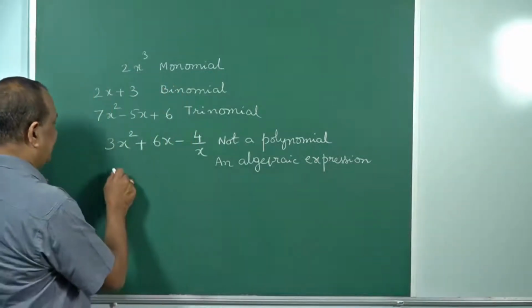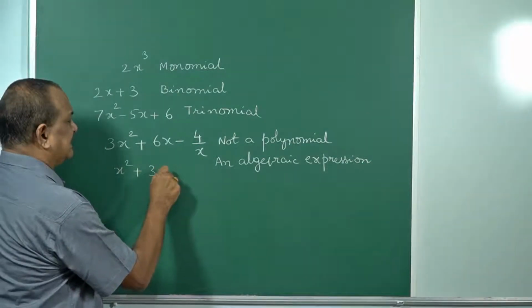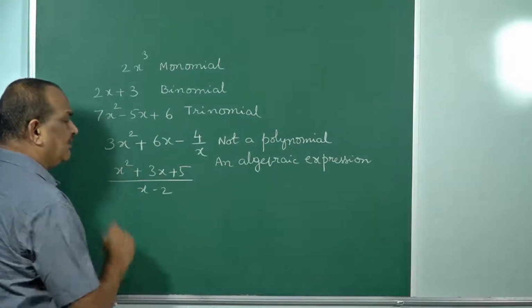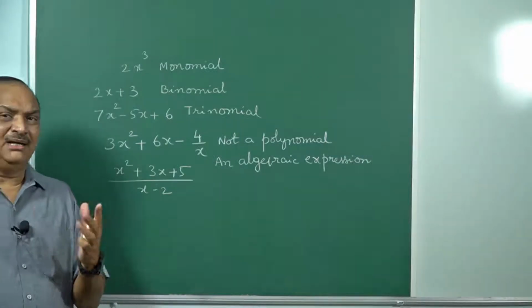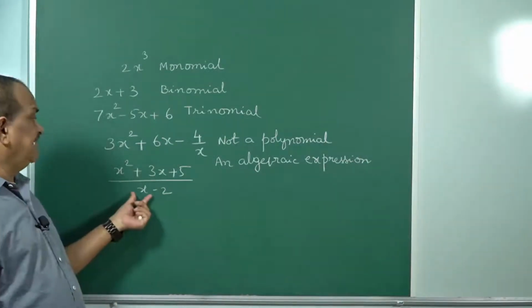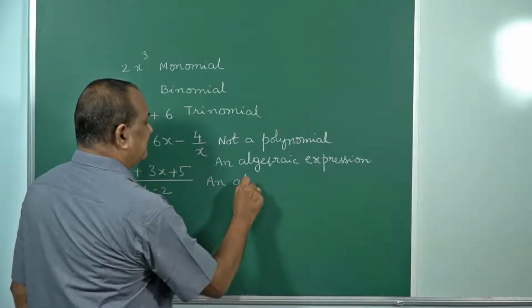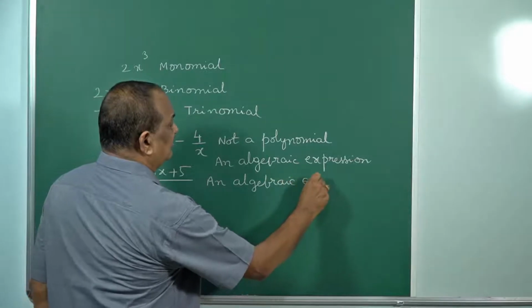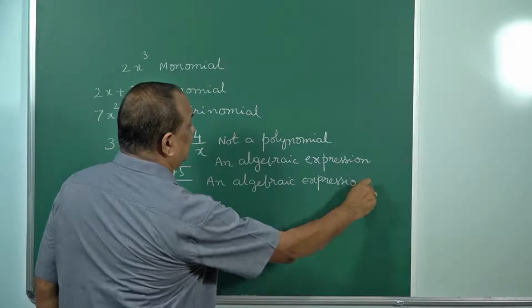Similarly, if you have say x square plus 3x plus 5, suppose there is a variable in the denominator. As long as you have a number, there is no problem, but there is a variable in the denominator, so this is also an algebraic expression, but it is not a polynomial.